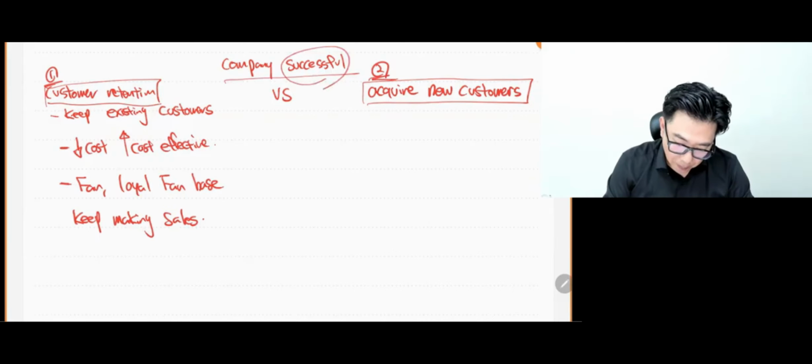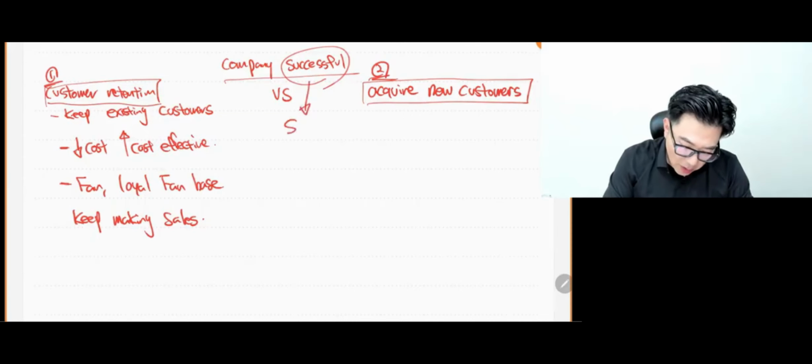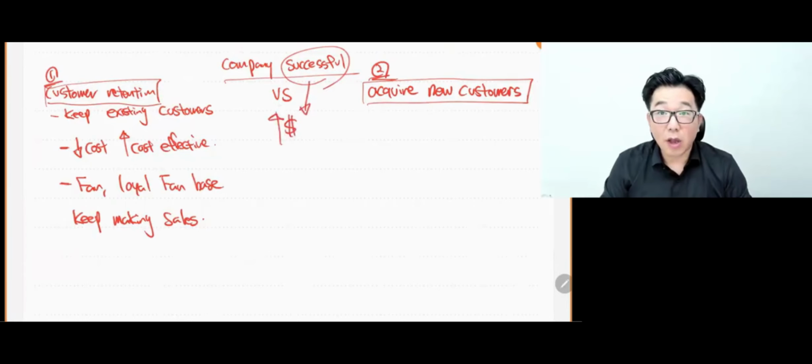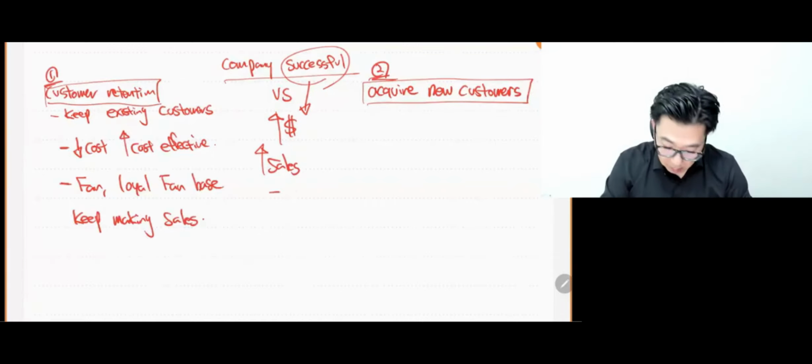So what does it mean for a company to be more successful? Make more money. So how can this be achieved? Make more sales, and if you can, reduce your cost.